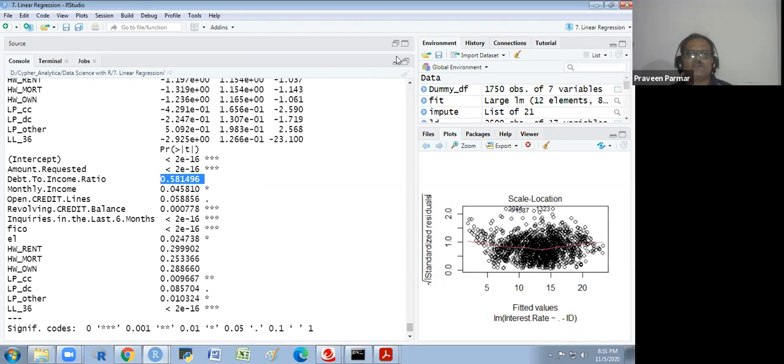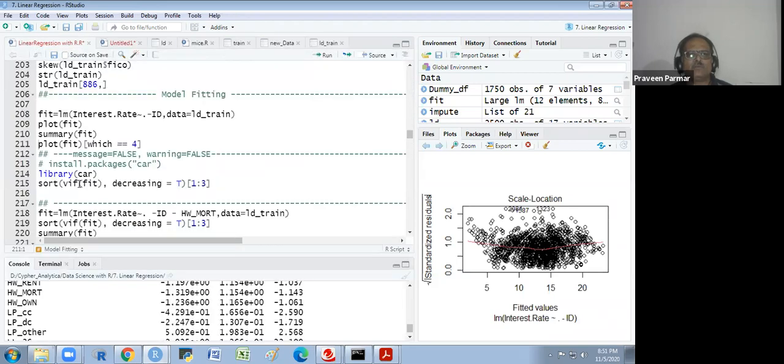So first we control the variables through VIF, the variance inflation factor. I have explained it: it is 1 over 1 minus R square.